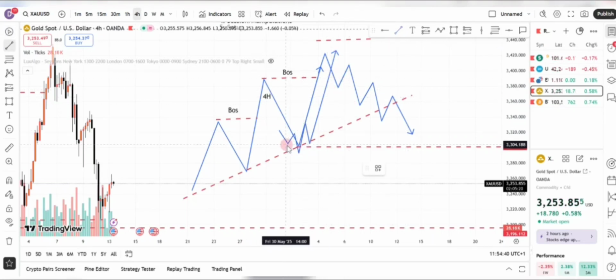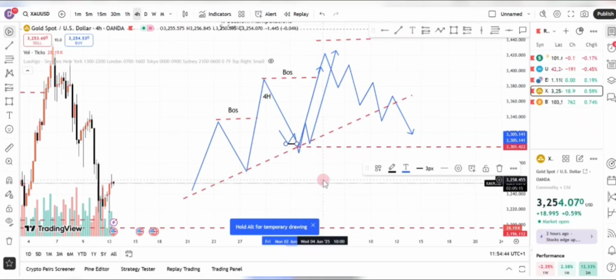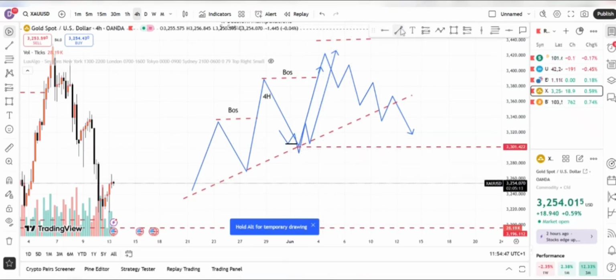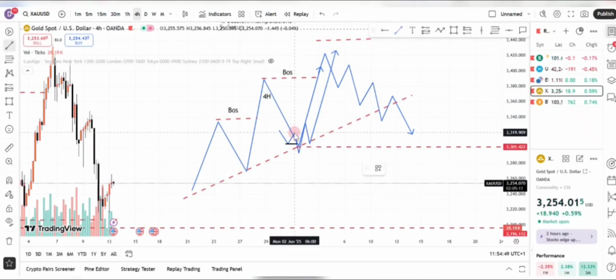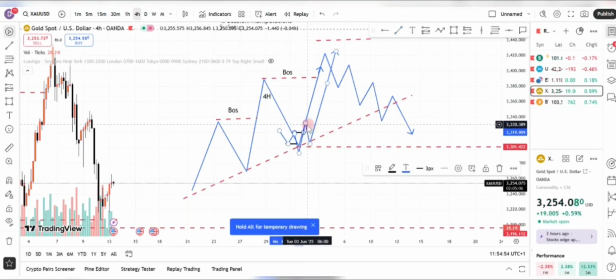We've identified here as the sweep, right? We've also identified here as the break of structure, which is the market structure shift. And then price retraced a little bit into a fair value gap, and then boom, it left us behind.